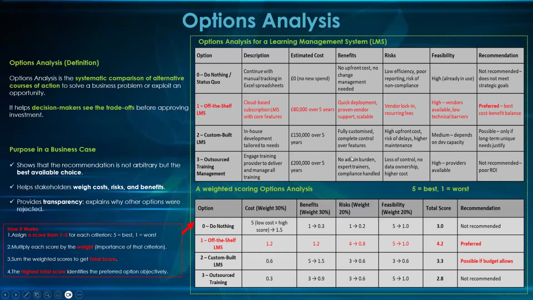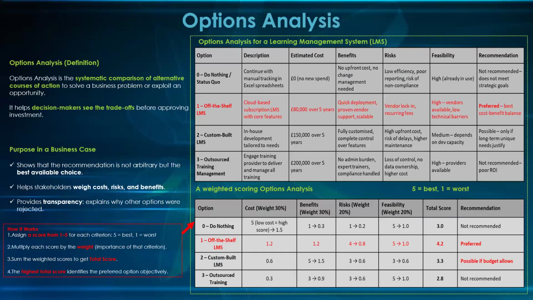Does it make sense? It's a little bit everywhere. This is where the work actually is, because your stakeholders are going to look at it and they want to see how you arrived at this recommendation.